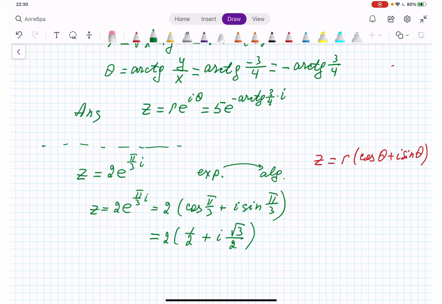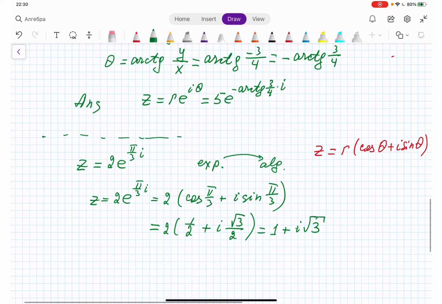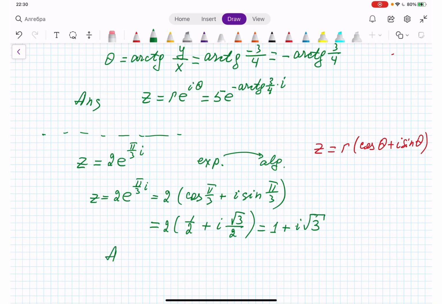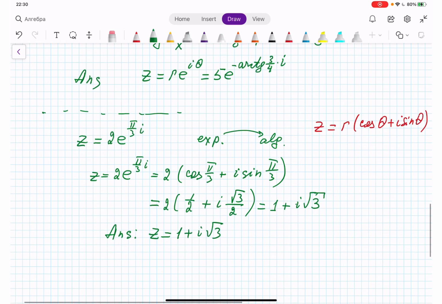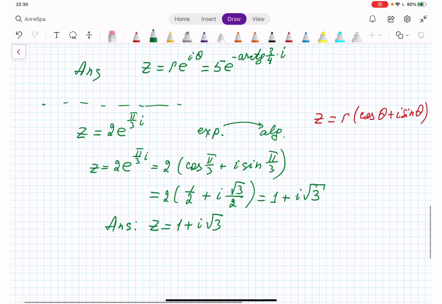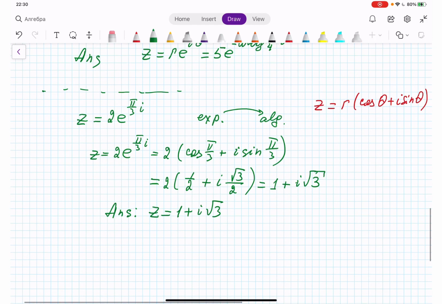And this is equal to 1 plus i square root 3. Okay, and this is going to be our answer. So the answer in the algebraic form is z equal to 1 plus i square root 3. Okay, so in the next video I will present operations over complex numbers.